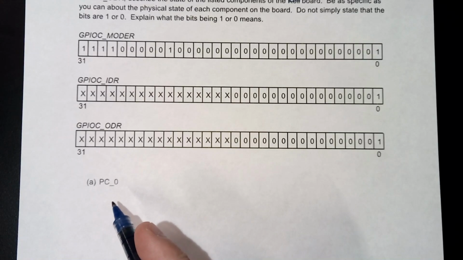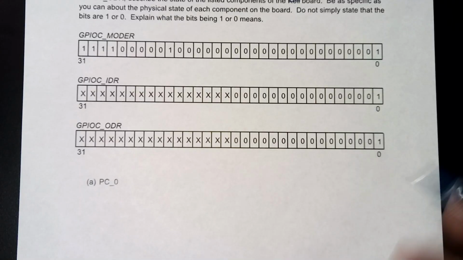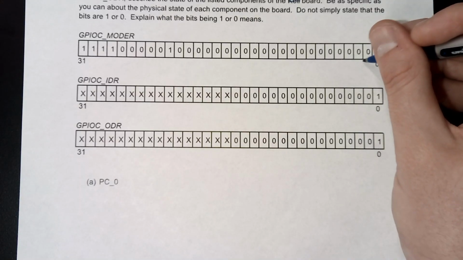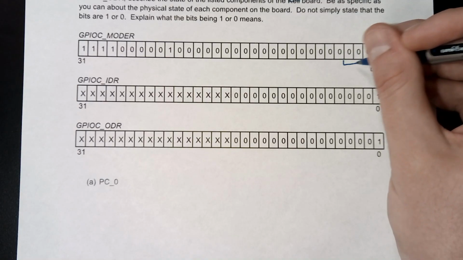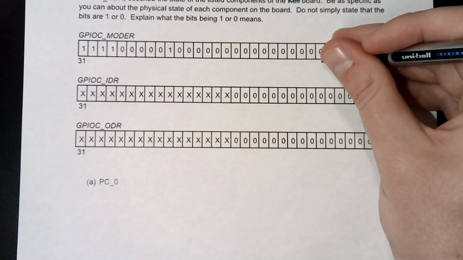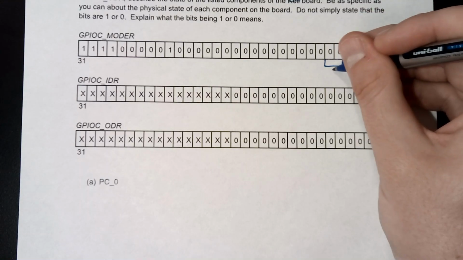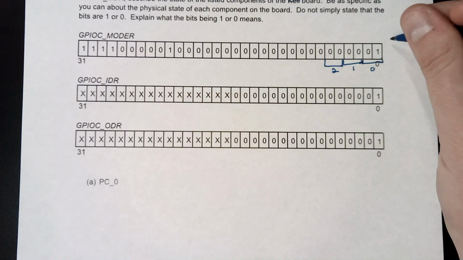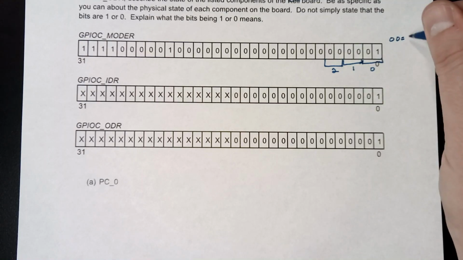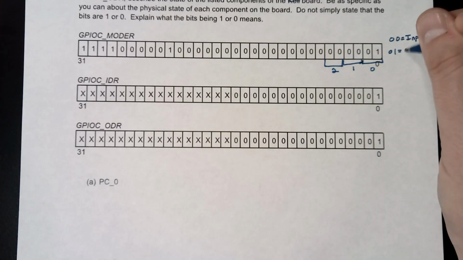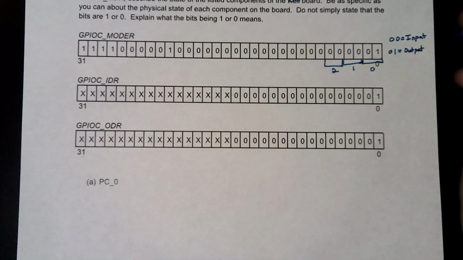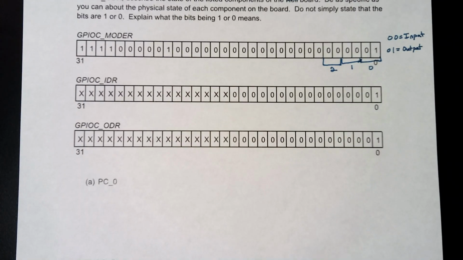So we have to remember, really the trick here is that MODER is, for each 2 bits, the state of the pin, right? And this is a 2-bit state where 0, 0 for right now means input and 0, 1 means output. We'll add a few things to that later as we go through the course, but for now that's all you need to know.